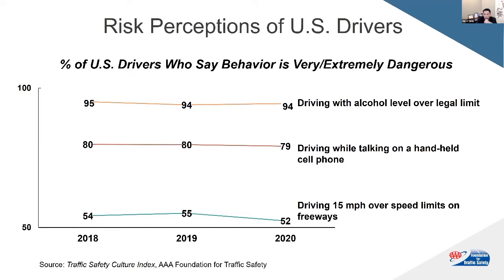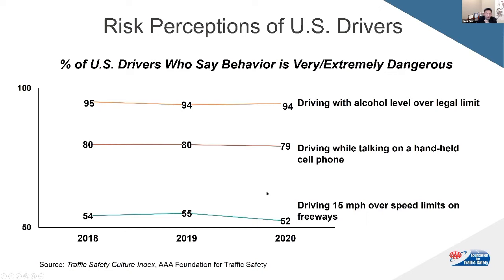And when you look at these numbers, overall there's really not a whole lot of change. And you would think, right, when you see fewer people on the road, more open road, people may perceive the roadway system as safer. However, from 2018, 2019, to 2020, people's perception hasn't changed.